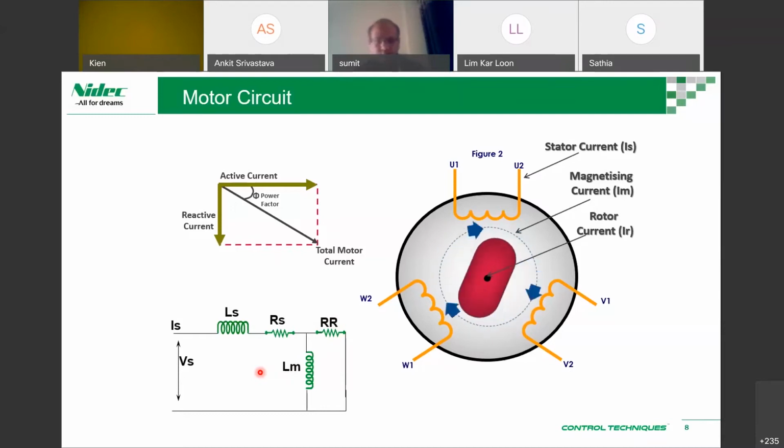Some of the VFDs in the market, I think pretty much all of them, would have an auto tune feature to actually read out these values. Let's say we do not know about certain resistance. We just know about the stator inductance and the stator resistance, but these other factors do exist.